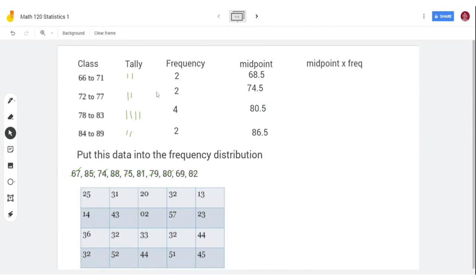So if you do that real quickly, this is 137, 74.5, 80.5 times 4, and then 86.5.